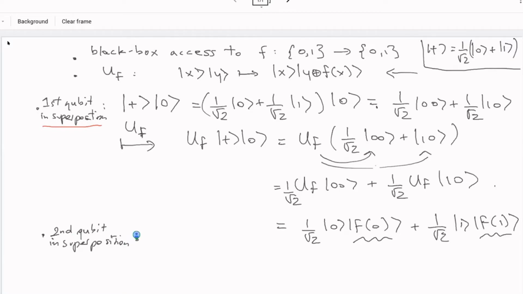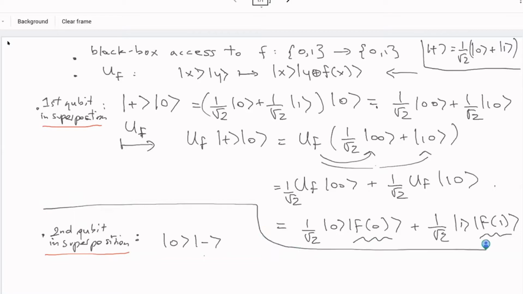So instead I will start with the state 0 minus, where minus is 1 over square root of 2, 0 minus 1.